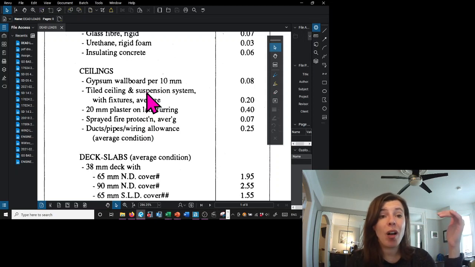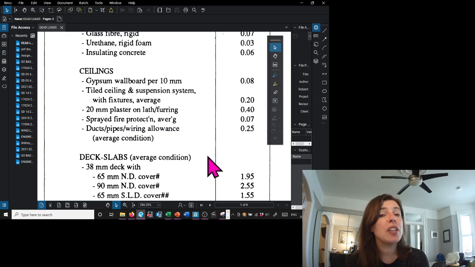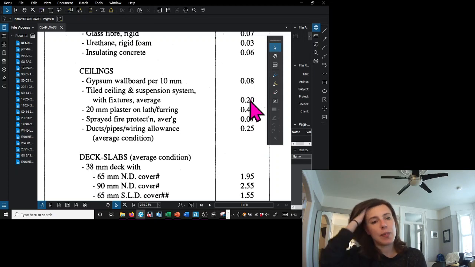They're pretty common in assembly systems. So our assembly system has, we just know that we need a mechanical and electrical allowance because they don't even tell us what's in there. We just know we need an allowance. And then for our suspended ceiling, we have 0.2 kPa. So 0.25 for the mechanical electrical and 0.2 for the suspended ceiling.